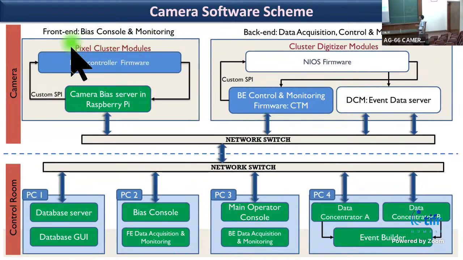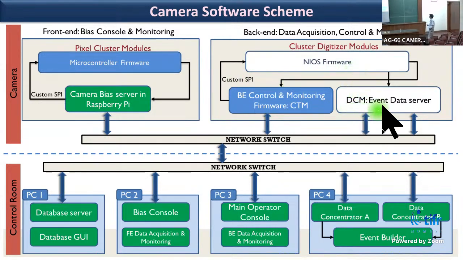This is the pixel cluster module. Here a microcontroller controls the various components on the bias supply board, under supervisory commands from the bias server. This bias server receives commands from the main operator console. Another firmware runs in the cluster digitizer modules; it takes instructions from the firmware running in the CTM, and responds accordingly.